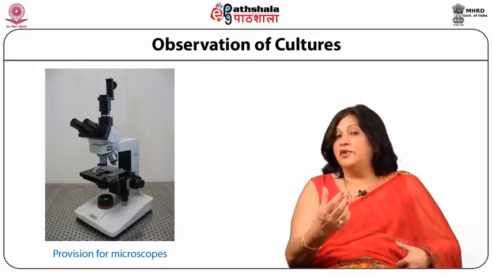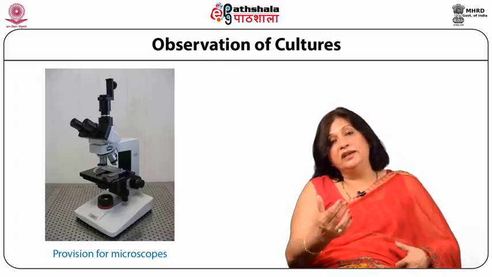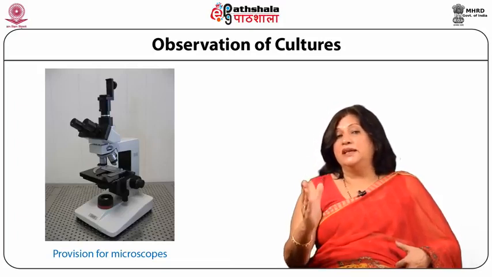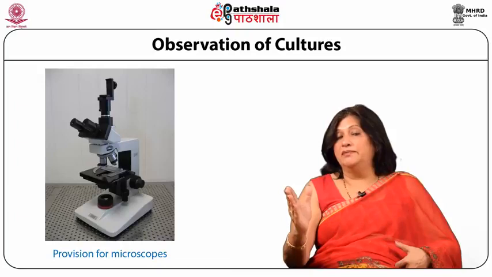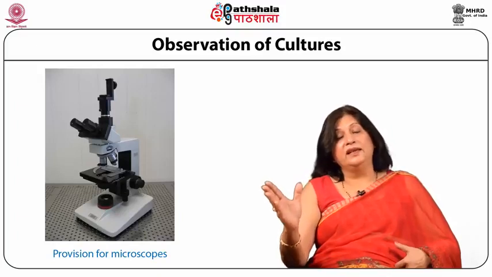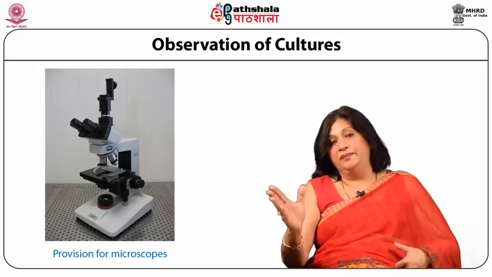If your objective was genetic engineering, again you get transformants, but then these plants are to be taken out to the natural environment. So from the observation room, when you're satisfied with the plant's growth and everything, it is given to the transfer area.